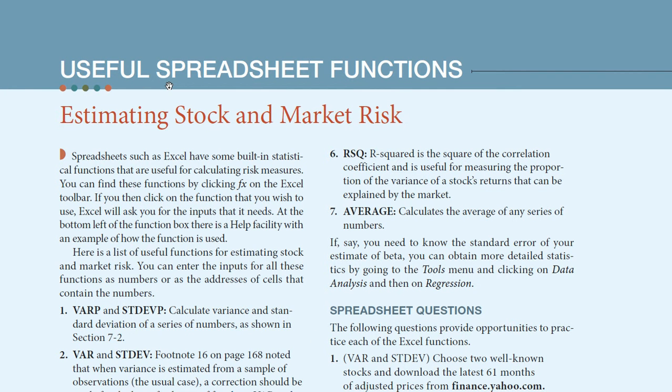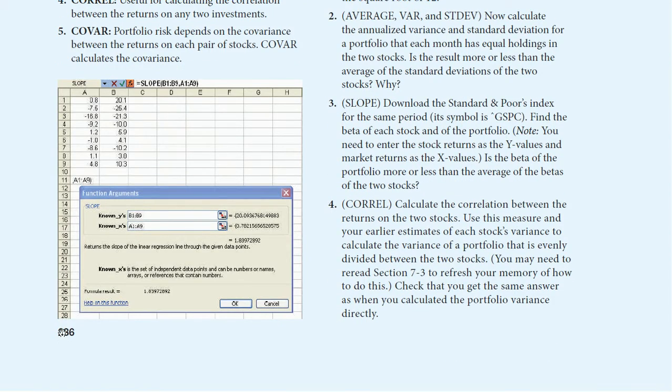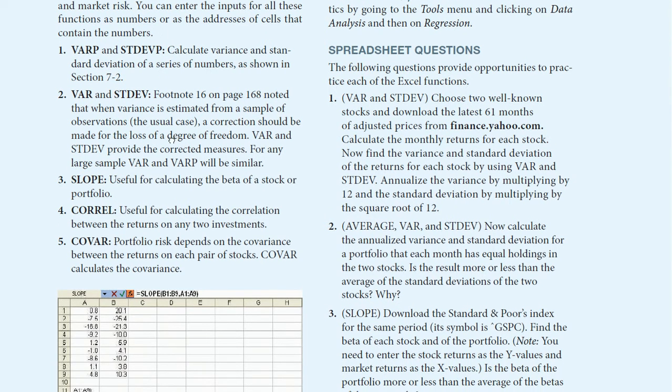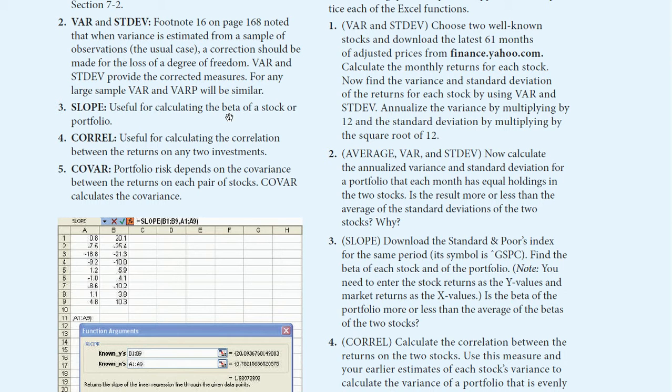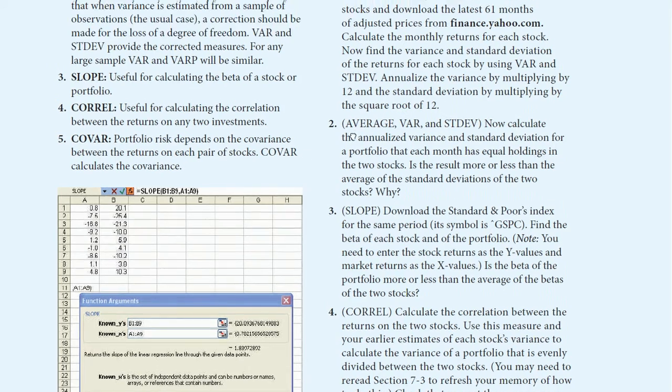And for the spreadsheet functions about estimating stock and market risk, on page 236, you can find the full instructions about using these functions in Excel, about calculating the variance and standard deviation of a series of numbers, slope or beta, calculating the beta of a stock or portfolio, the correlation coefficient, and the covariance.